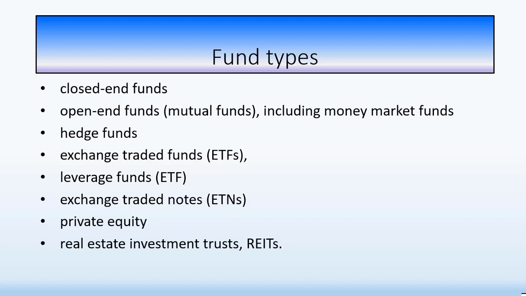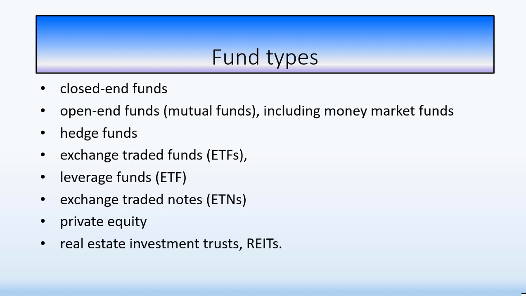Now, there are some funds, often ETFs, that are called leveraged funds. These are funds that are designed to take advantage of leverage and spike returns. You often see these leveraged funds with a 2x or a 3x within their name somewhere.